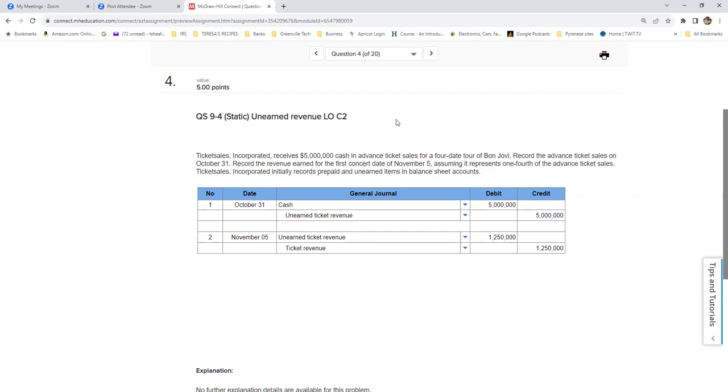When we have the first concert on November 5th, we debit unearned ticket revenue for $1.25 million, and then we credit ticket revenue for $1,250,000. Each time we have a concert, we'll debit and credit the same amount accordingly.